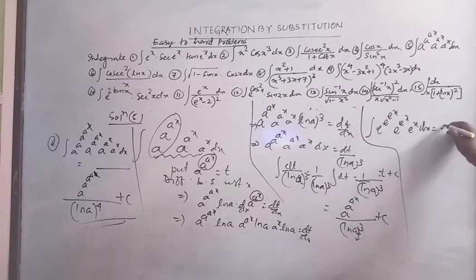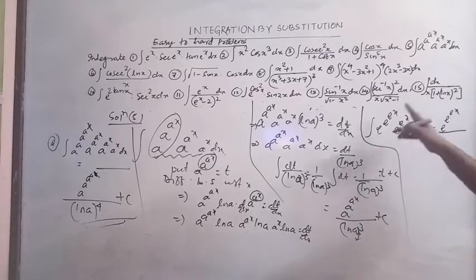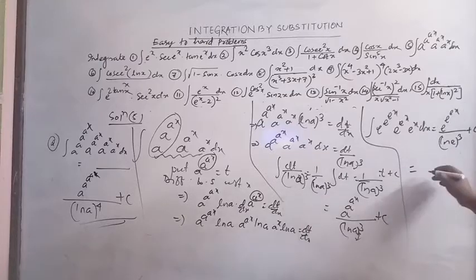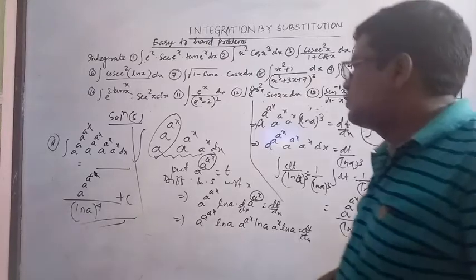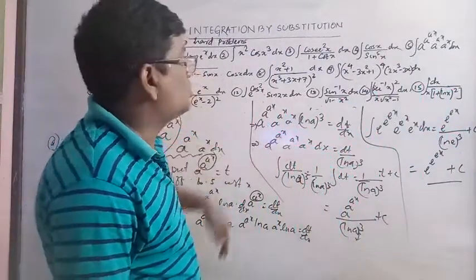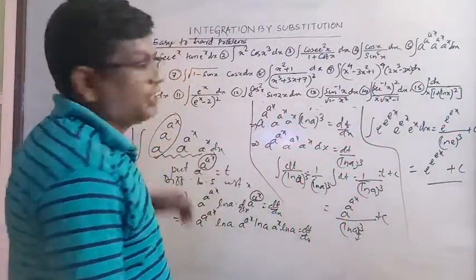First term e to the power e to the x by log e whole cube plus c. What is the value of log e? The value of log e is equal to 1. So the answer is e to the power e to the x by 1 cube, which means by 1, plus c. This is the answer. Okay, this is question number 5 and related questions. Now question number 6.